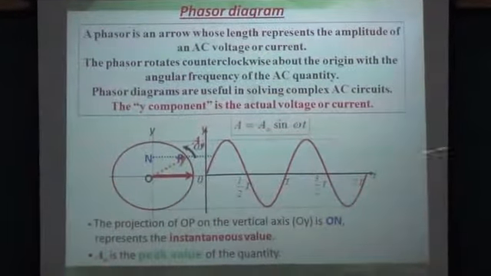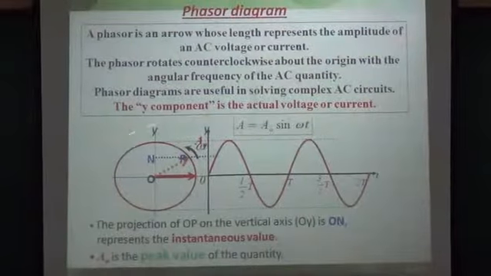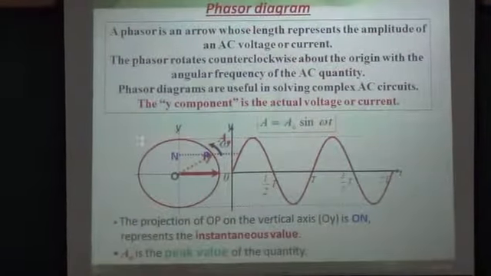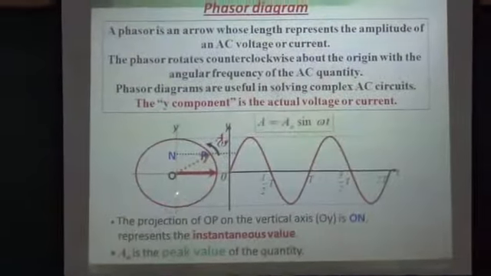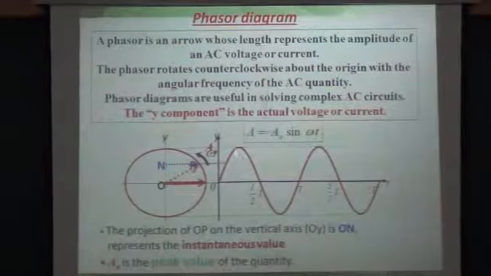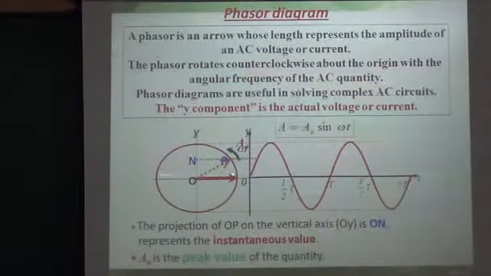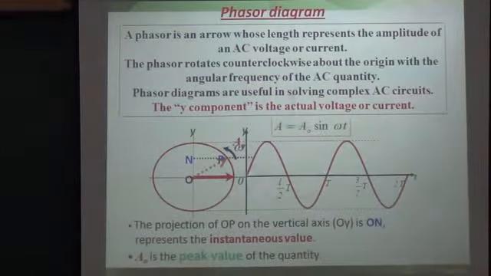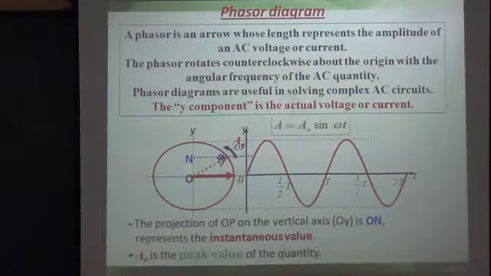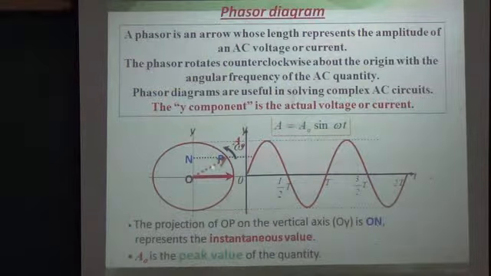Rather than showing it like this, taking time axis, we can draw it in polar form, where the length of the vector gives me the peak value, that is V0. Whatever is this I0 or V0 gives me the peak value. And this angle related to this time will be measured from the x-axis, and that is omega here. So omega into t will be this angle.